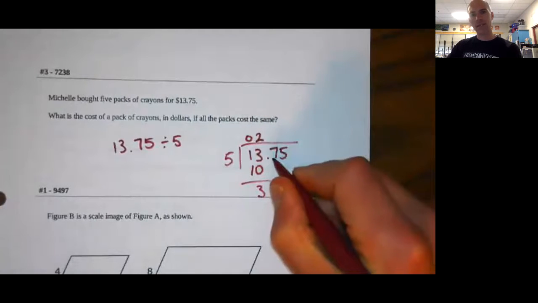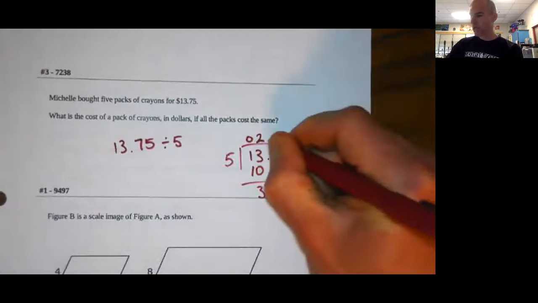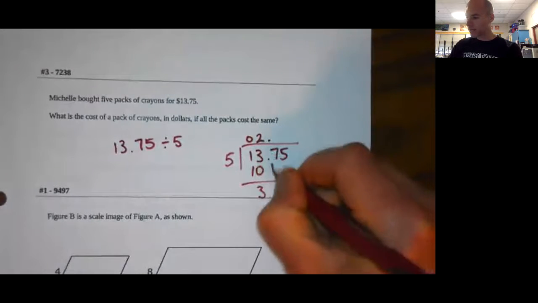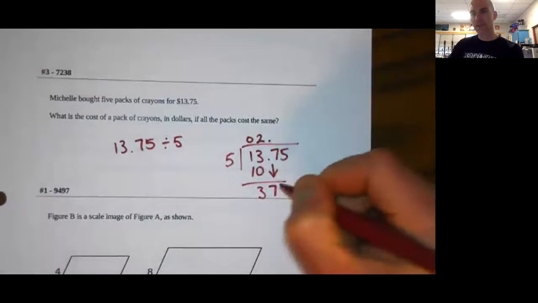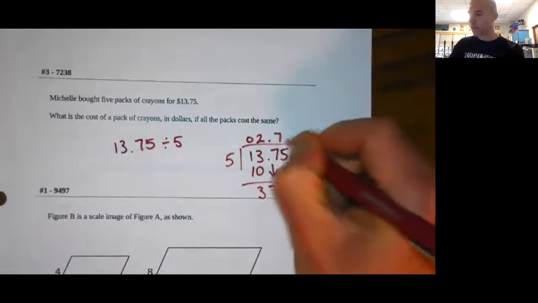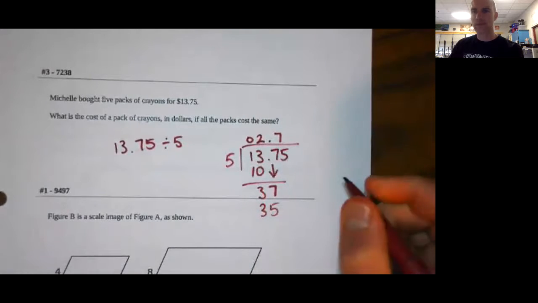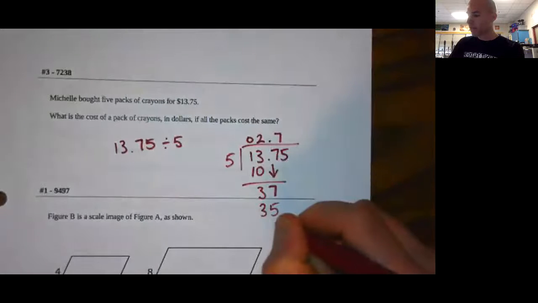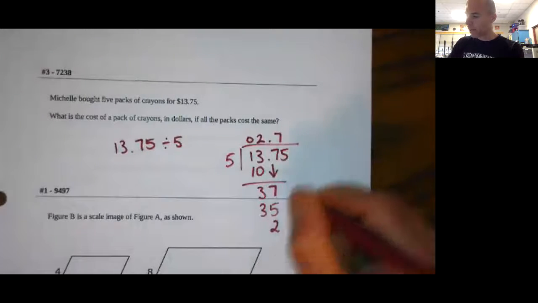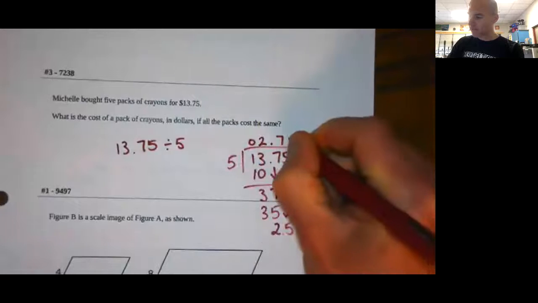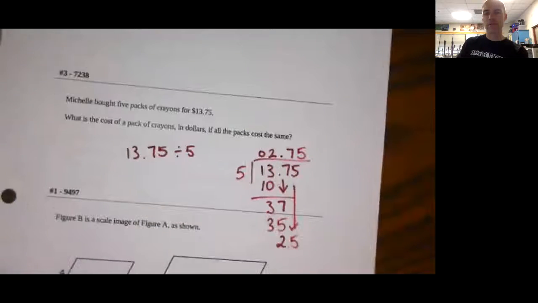I notice that I'm at the decimal point here, so let me put the decimal point up in my answer. Let me bring down this 7. 5 goes into 37 7 whole times. 7 times 5 is 35. It looks like the answer is going to be 2.75, and I said that randomly earlier. I subtract and get a 2, bring down this 5. 5 times 5 is 25. So the answer is 2.75.